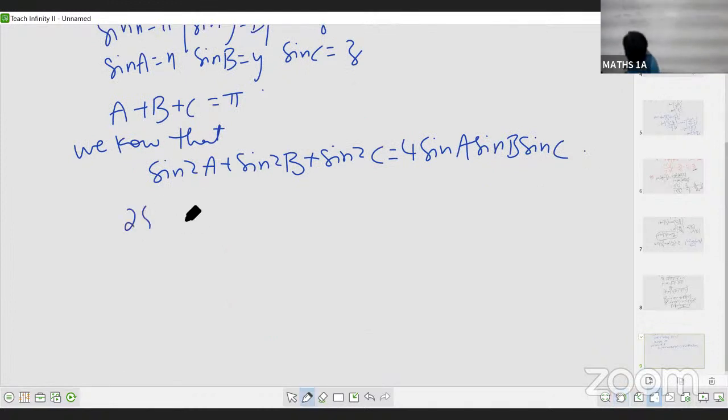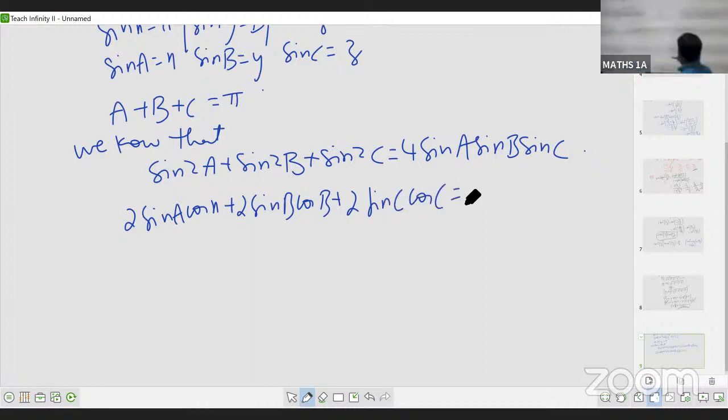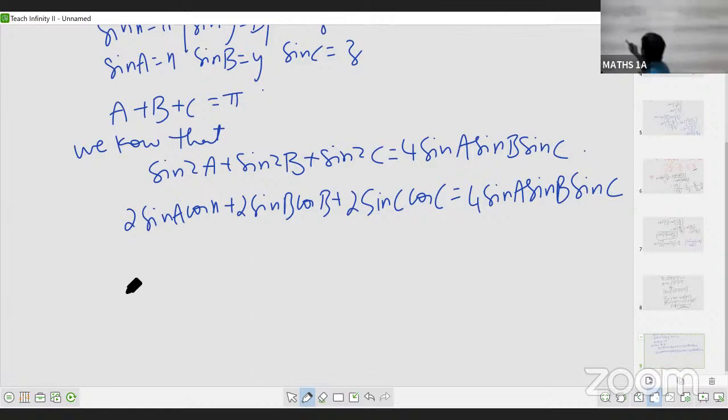Sin 2A I will write as 2 sin A cos A, 2 sin B cos B, 2 sin C cos C equal to 4 sin A sin B sin C. Now I am going to take 2 common, sin A as it is.